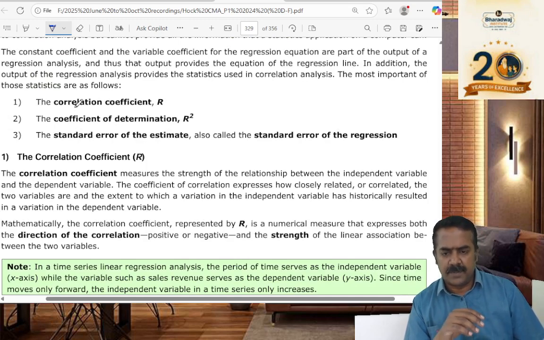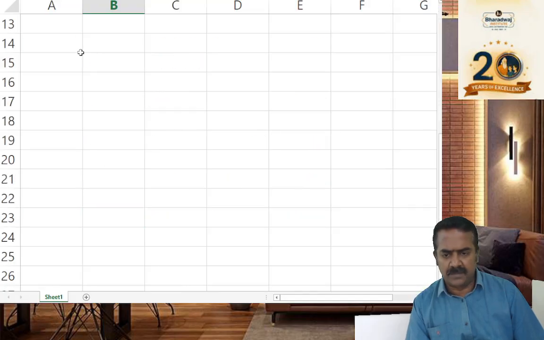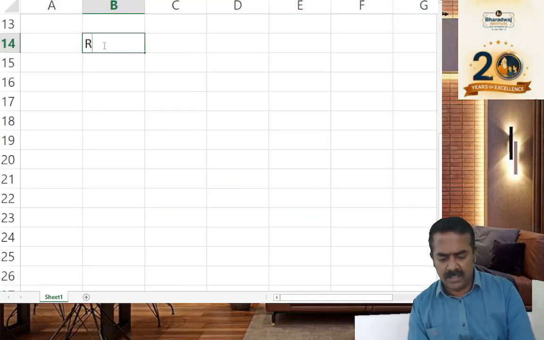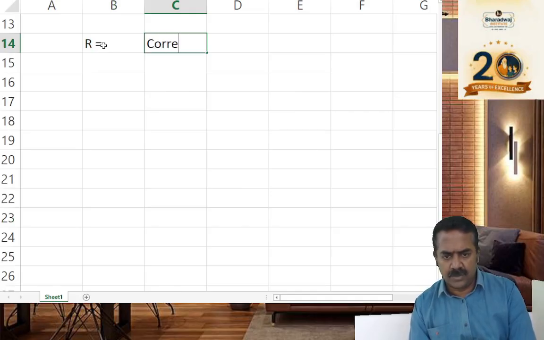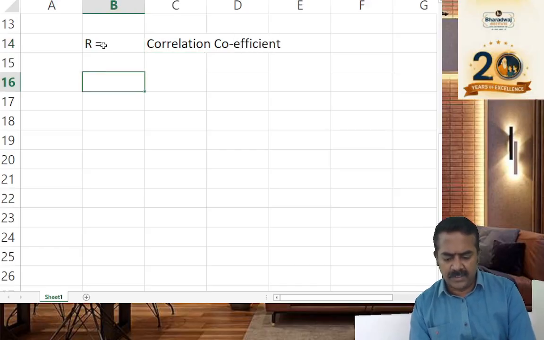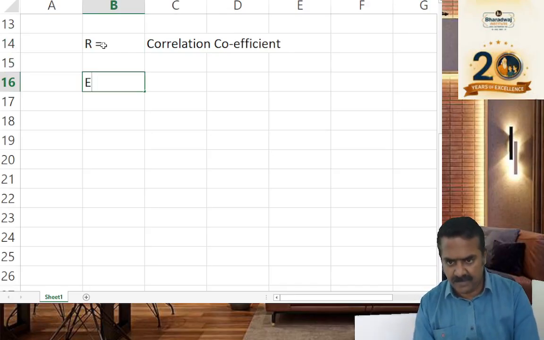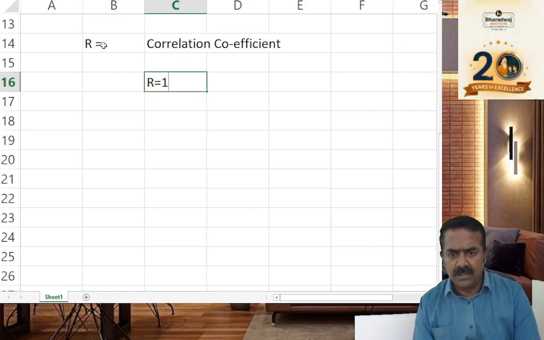So there are three aspects which we have to see. What is the first one? Correlation coefficient, that is expressed in the form of R. R is nothing but the correlation coefficient. If R is equal to 1, we say it is a perfect positive correlation.